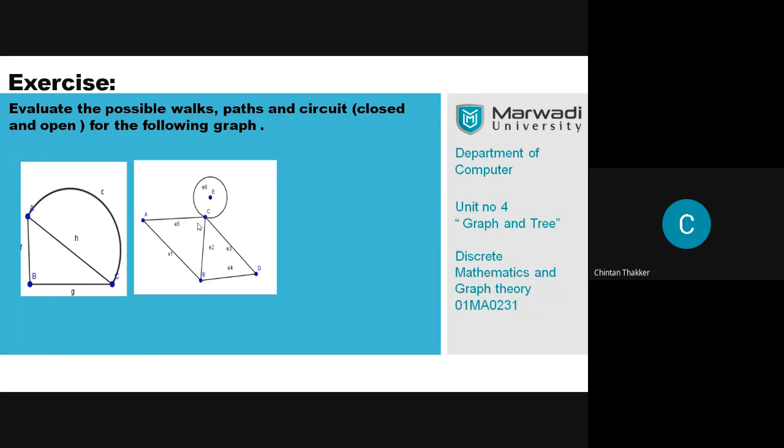Smith, A, E1, B, E4, D, then Smith, you have to add E5. A walk is an alternating sequence of vertices and edges, starting with a vertex and ending with a vertex.